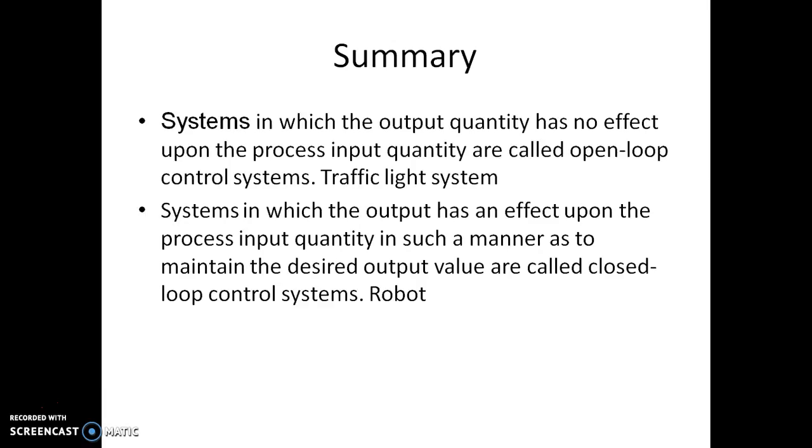Or for example, if you take a traffic light system which has a control system, then it requires some sensor which will sense how much traffic is there in lane 1, how much traffic is there in lane 2, lane 3, lane 4, and depending upon that it is going to adjust the on and off time of the green light, red light and amber light.